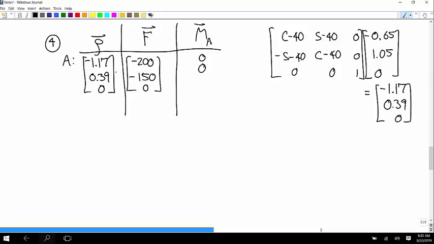What do you get for that cross product? 253.5.